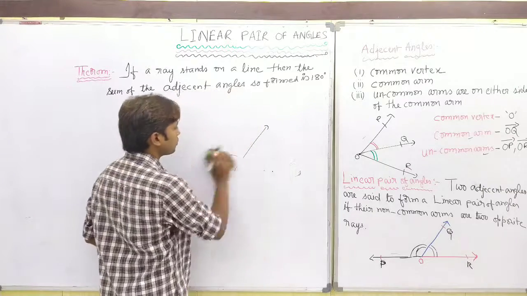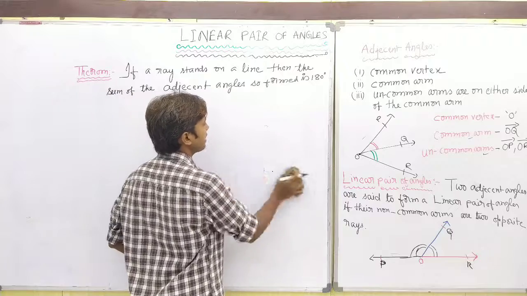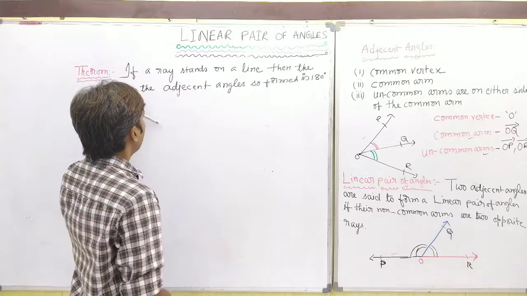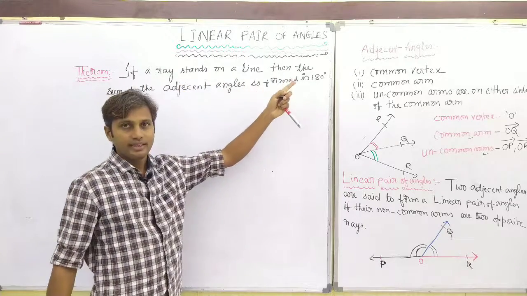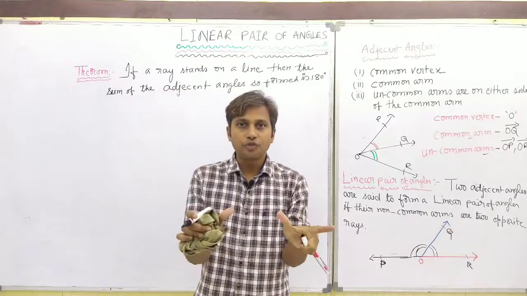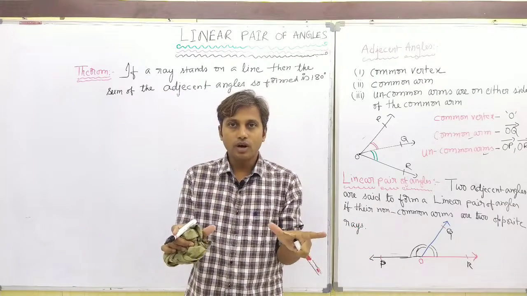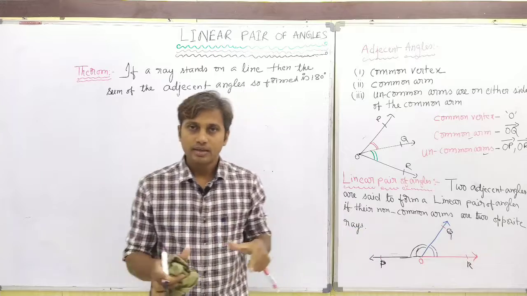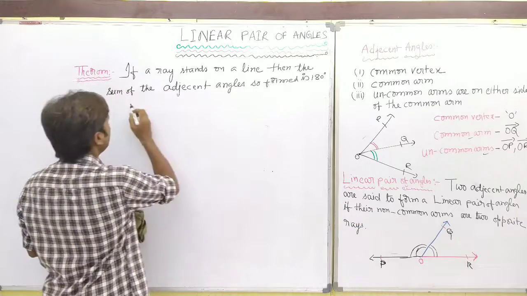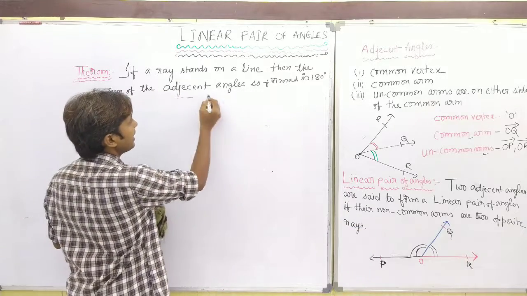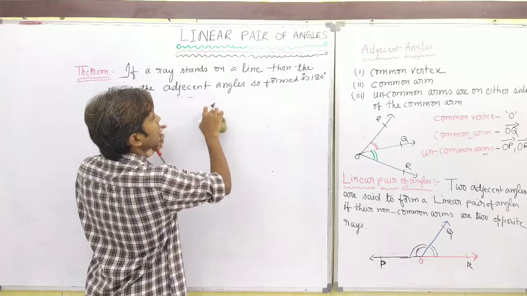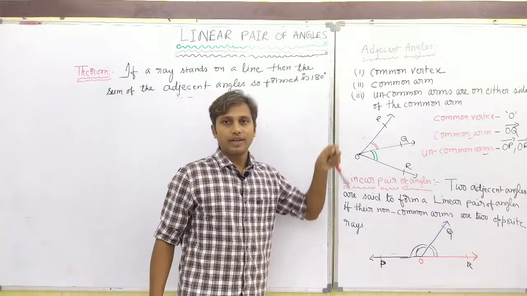So what we need to prove, let me read the statement of that. If a ray stands on a line, in the sense a union of two oppositely directed rays, then the sum of adjacent angles so formed is 180 degrees.